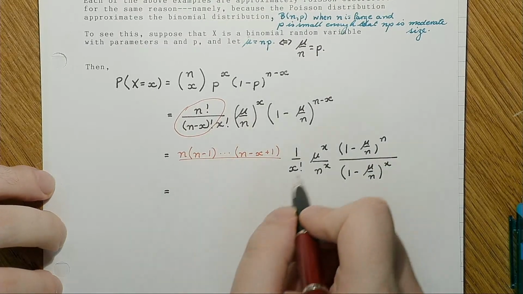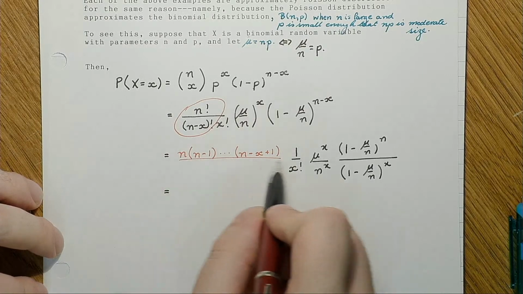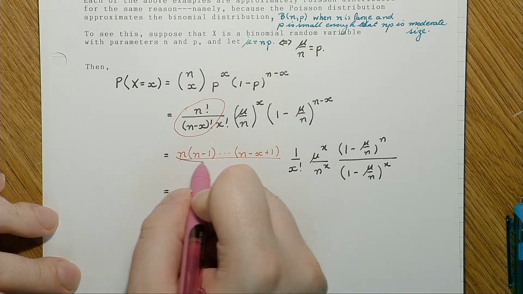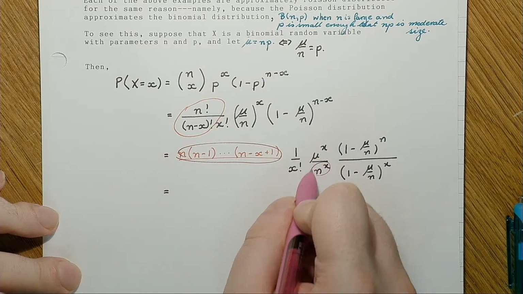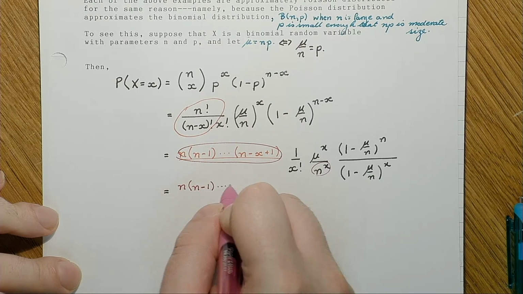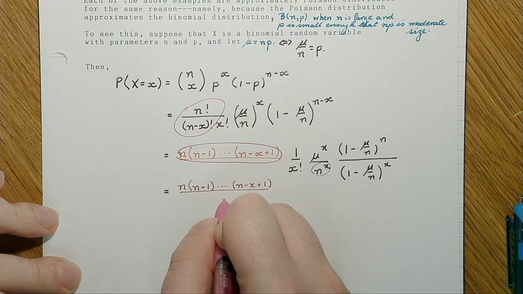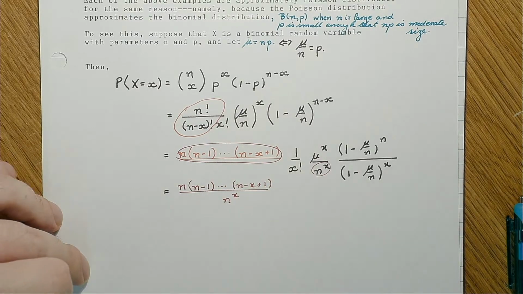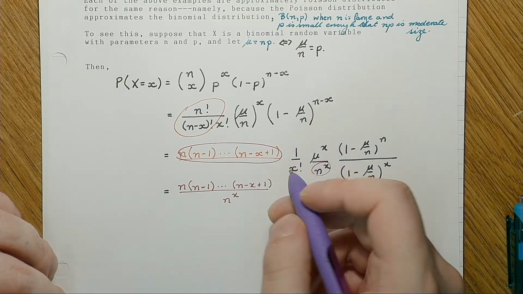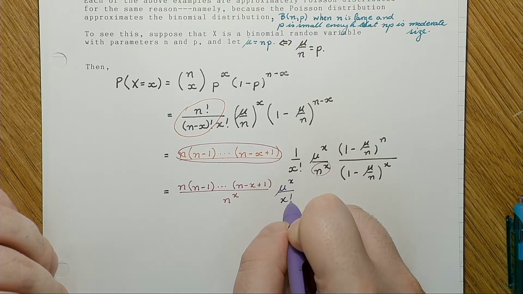And I'm going to just rewrite this, bring this one and this one together. So we have mu to the x over x factorial.